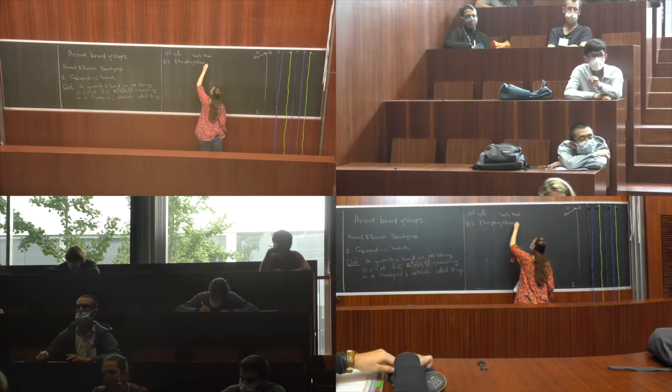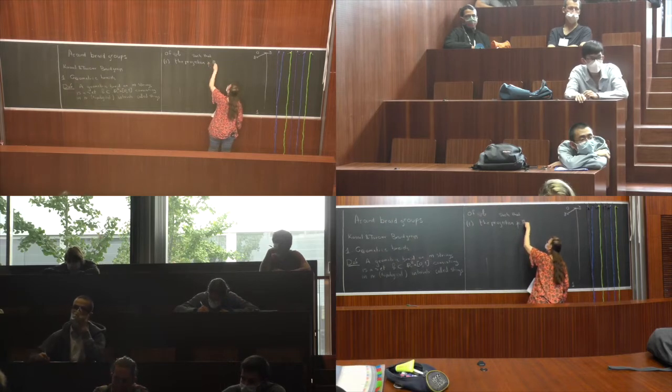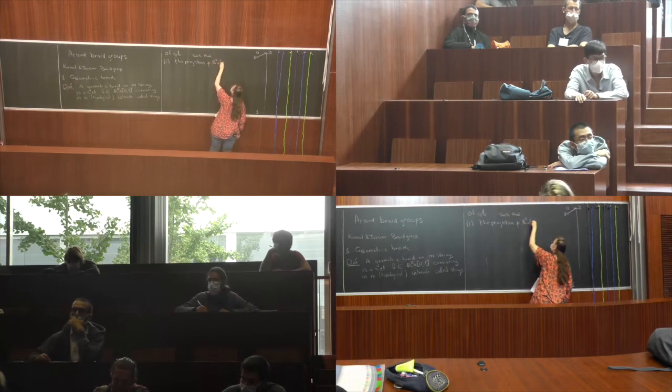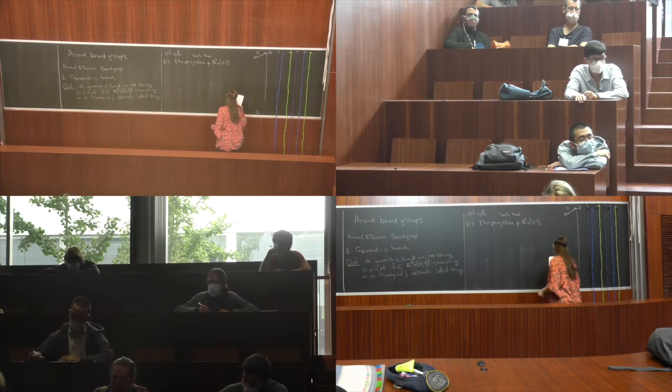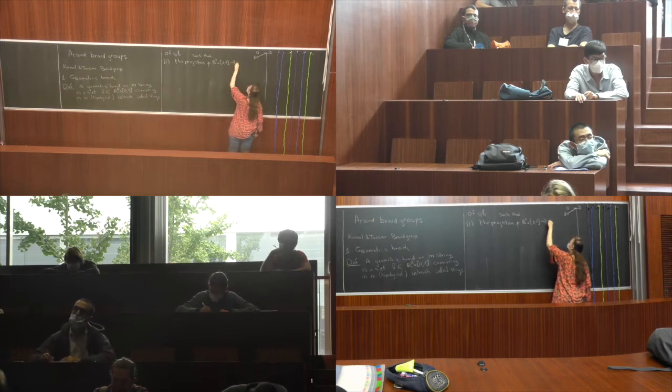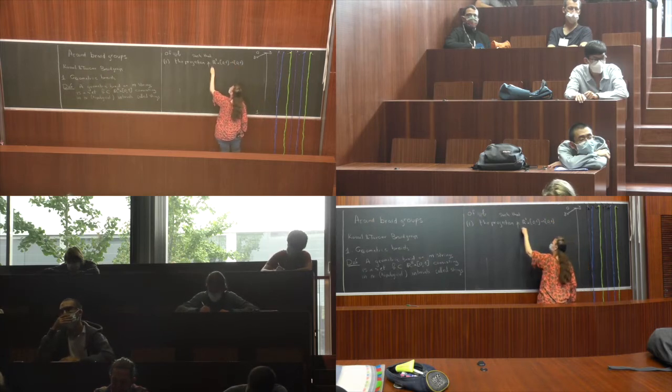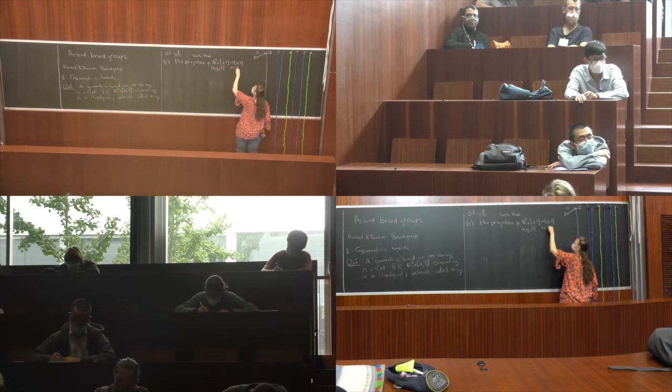So my projection from R2 times [0, 1] to [0, 1], I mean by that, if I take coordinates x, y, t, I send it to t.